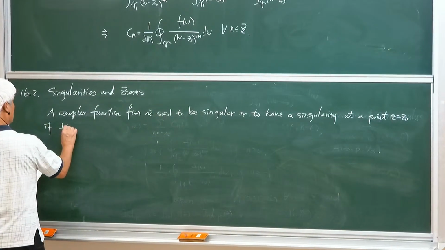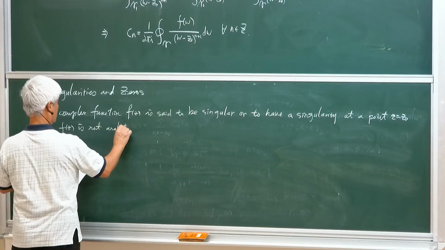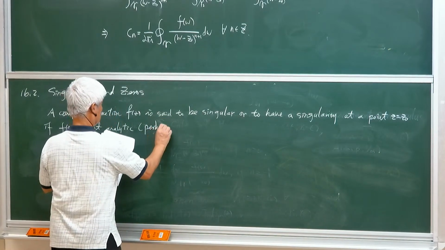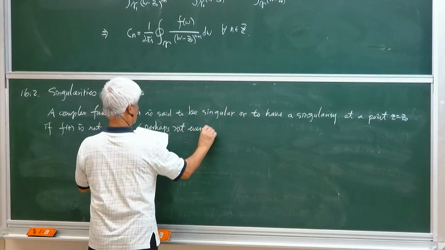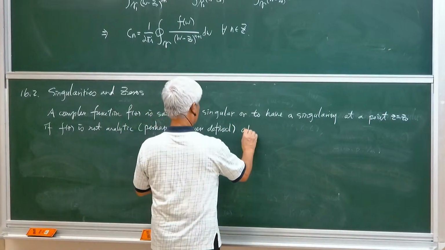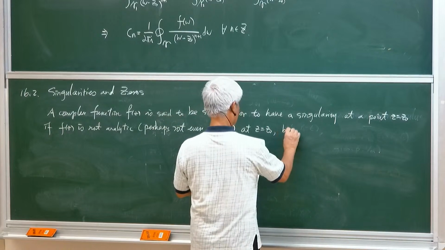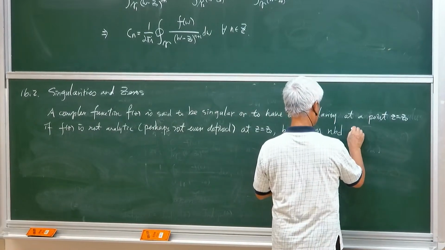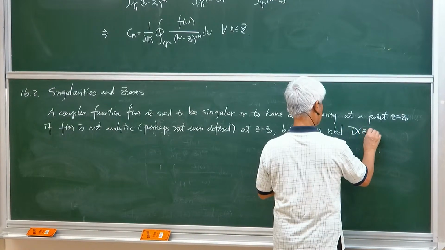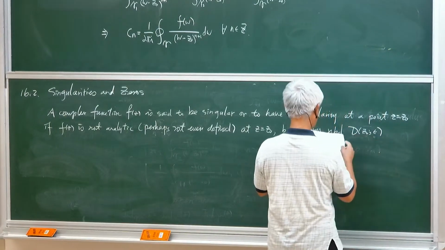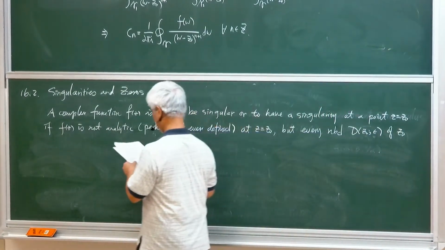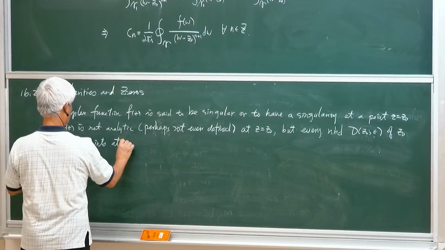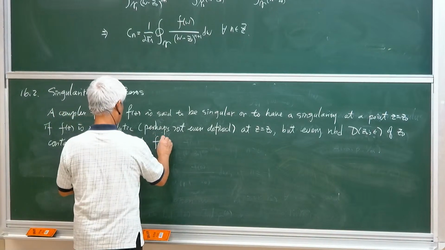if f of z is not analytic, or perhaps not even defined at z equal to z0, but every neighborhood, so every neighborhood is actually a disk with radius epsilon centered at z sub 0, contains points at which f of z is analytic.